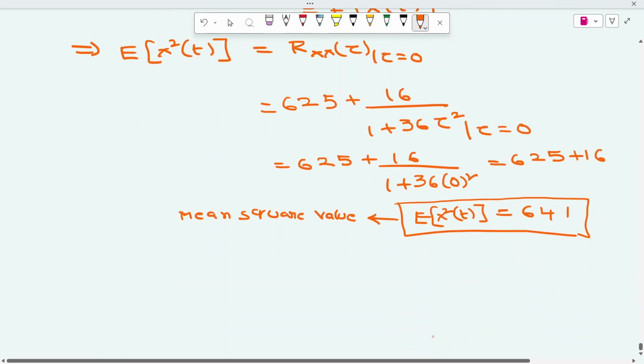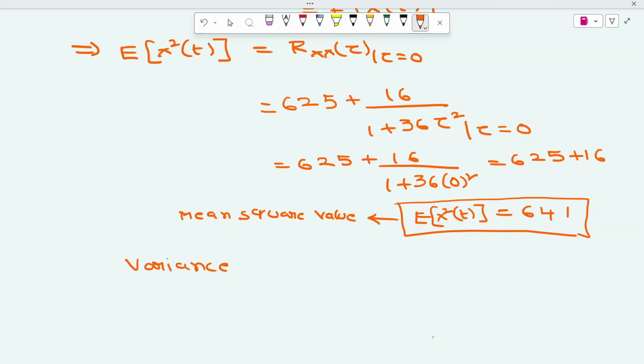Now we need to find the variance of the process. The variance of the process is nothing but expectation of x square of t minus expectation of x of t whole square.